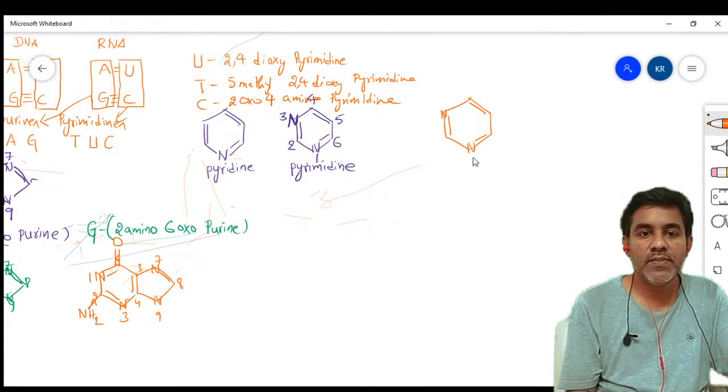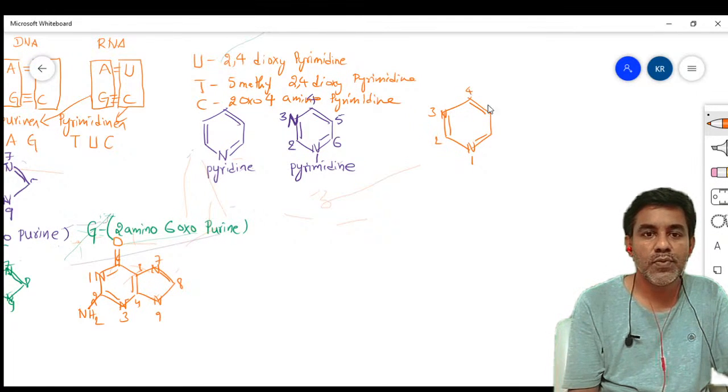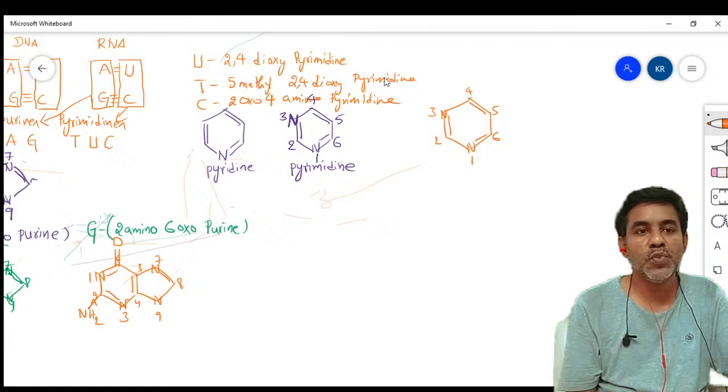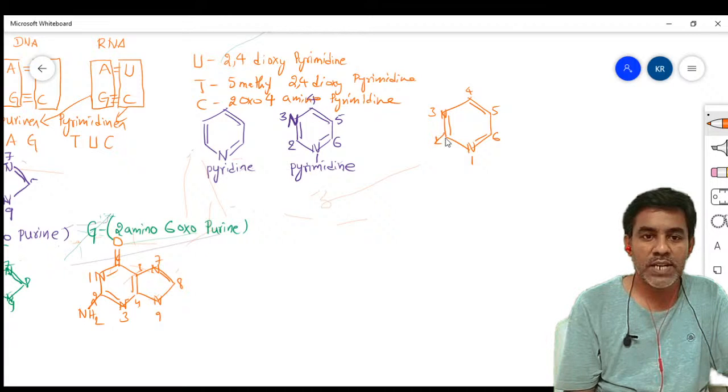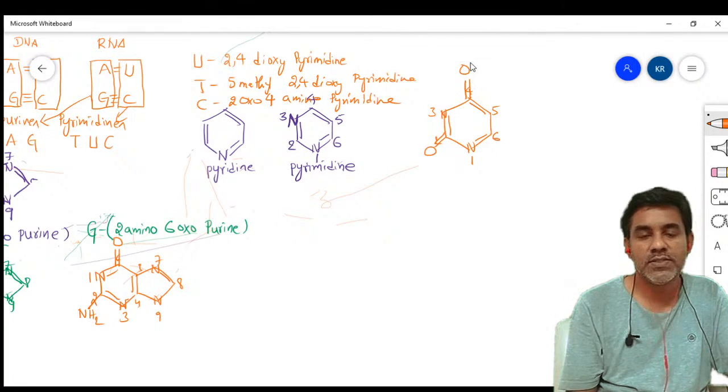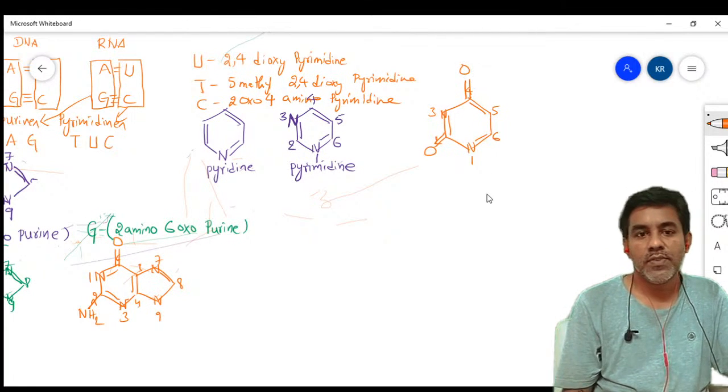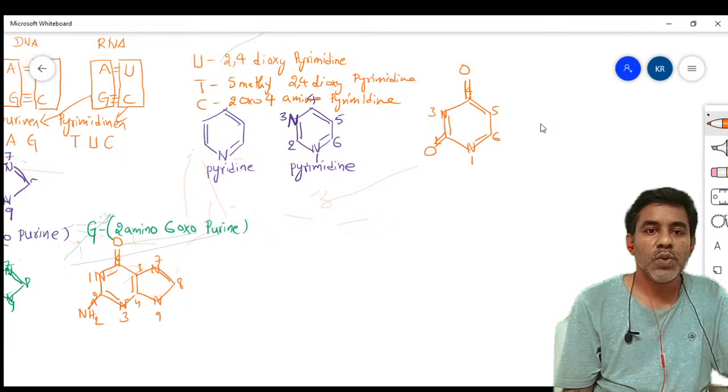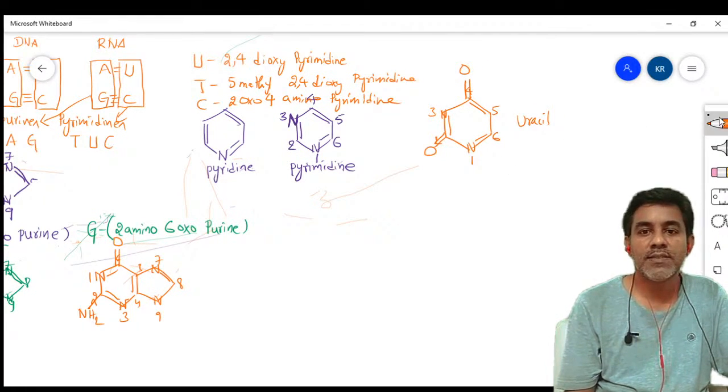So I told you that this is the first atom, second, third, fourth, fifth, sixth. So first molecule is 2,4-dioxypyrimidine, uracil. So at the 2' location you have to place one oxygen. Similarly at the 4' location you have to place another oxygen. So this is the uracil molecule, 2,4-dioxypyrimidine.